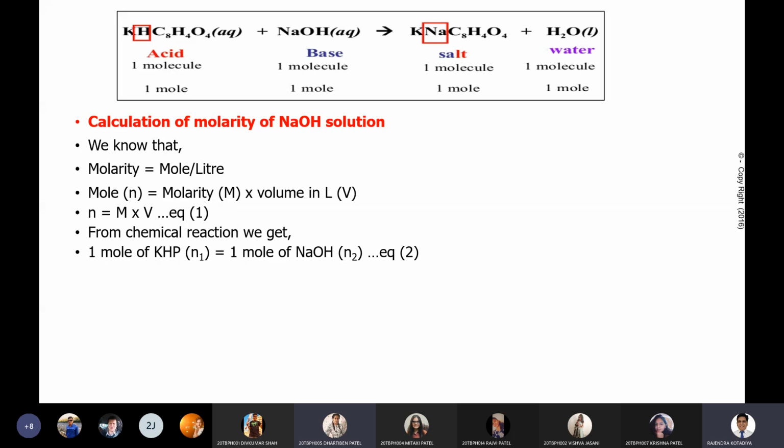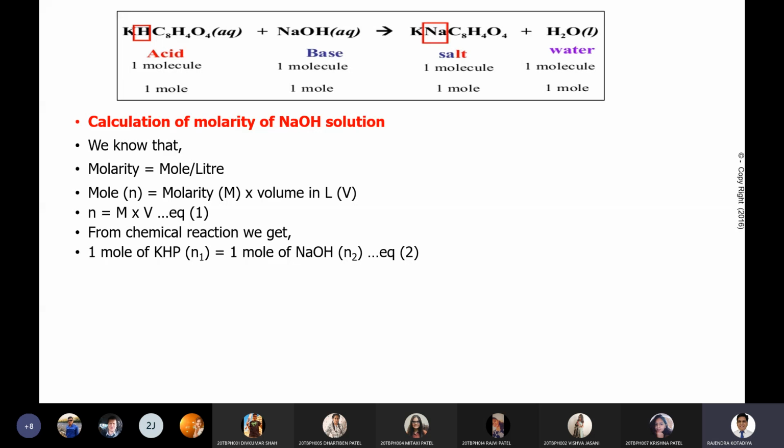M1 V1 equals M2 V2. Yep, that's true. Anyone else? Same. Okay.